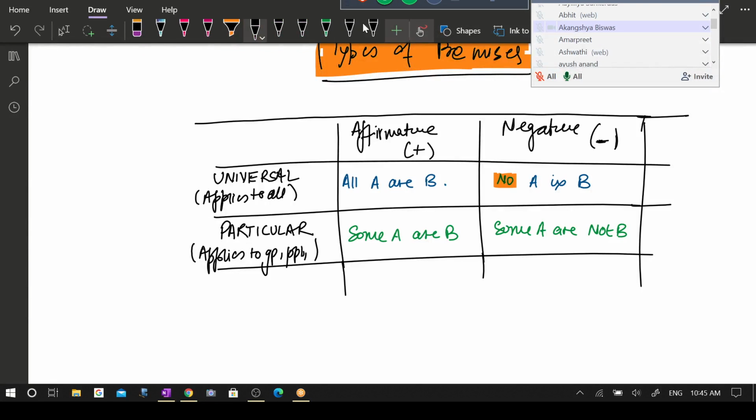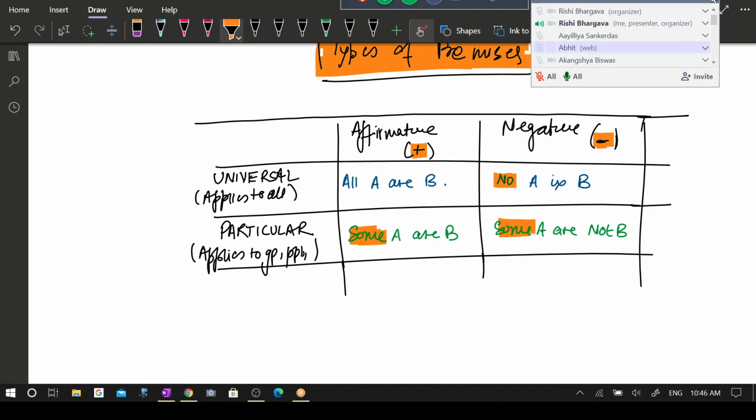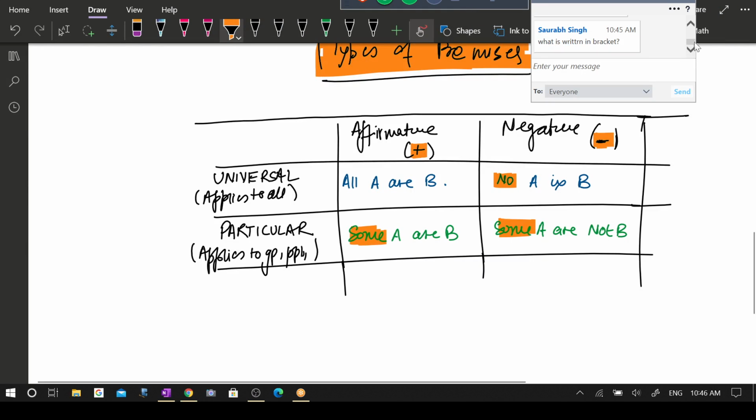Particular, Amar ma'am, implies not all, but some. Particular exactly means the use of some. What is written in the brackets? This is a positive sign in the bracket and this is a negative sign in the bracket. I think it's not at all that big an issue, is it?